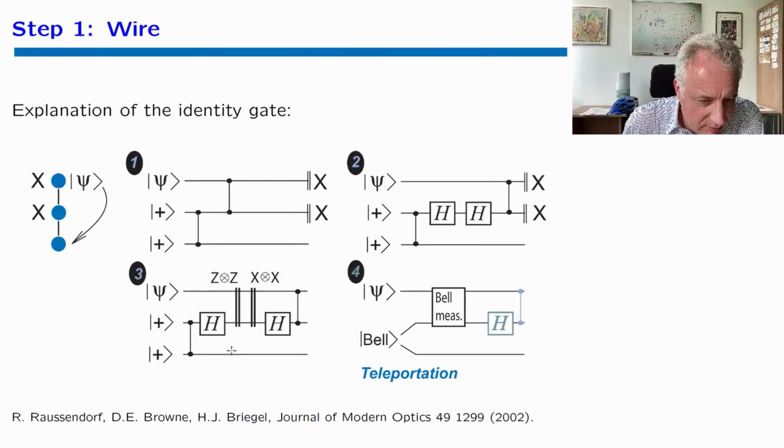We realized furthermore that this part of the circuit, so preparing these two states in plus, conditional phase gate, Hadamard, that this prepares a Bell state. So the circuit we have here is equivalent to a circuit like this. So we have a Bell measurement and then we have some stuff, but because we have measured the system, we do not care about the quantum operations thereafter.